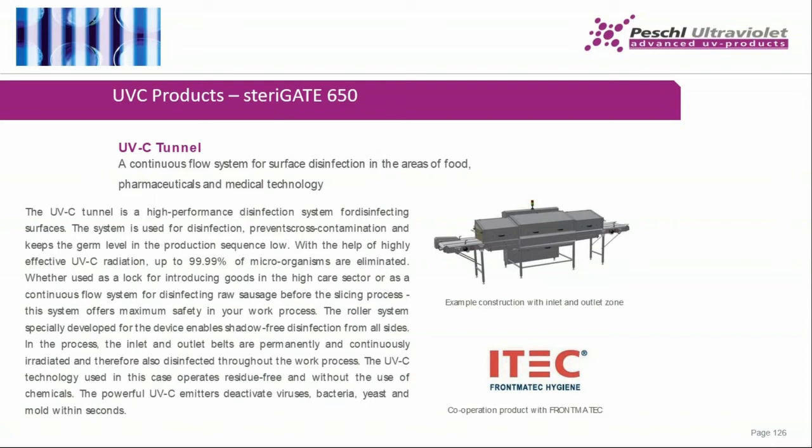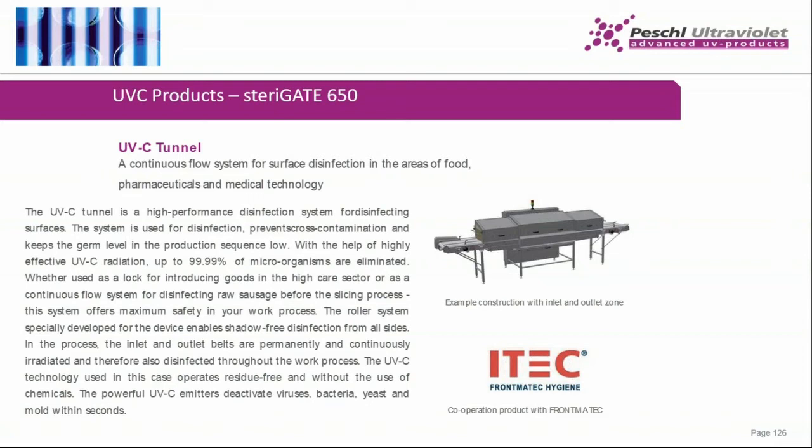It is our UVC tunnel. It's a cooperation product together with iTech von Matek Hygiene. So that means we produce a product. We bring inside our knowledge about the UV, and the iTech von Matek Hygiene company brings inside the knowledge about machine manufacturing.